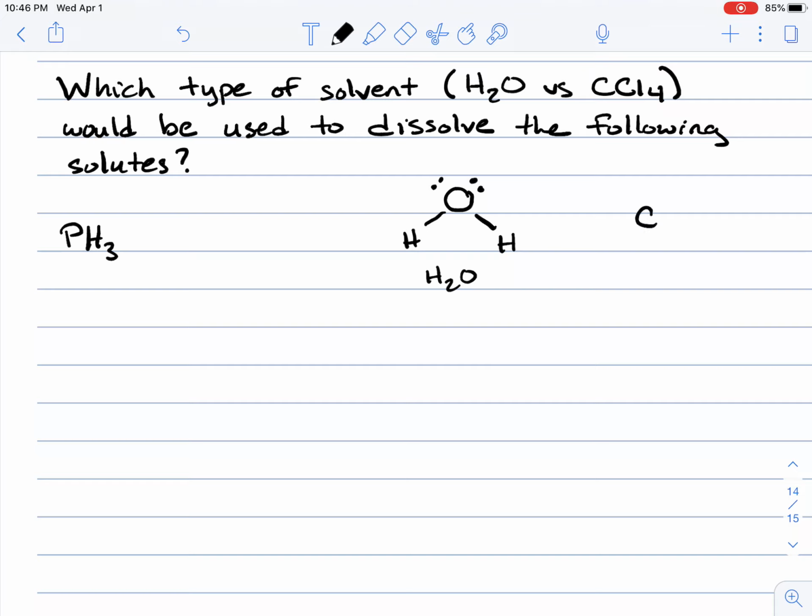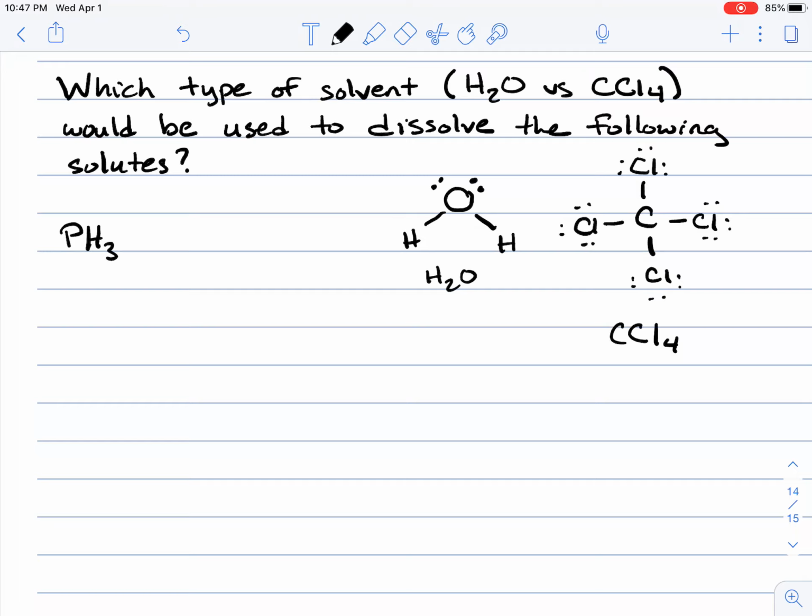And if we draw the Lewis structure for CCl4, we're basically going to have 4 chlorines surrounding the carbon. And I'm going to draw the lone pairs on the chlorine. And so these two Lewis structures that I just drew represent the solvents that we're going to start putting these solutes in.